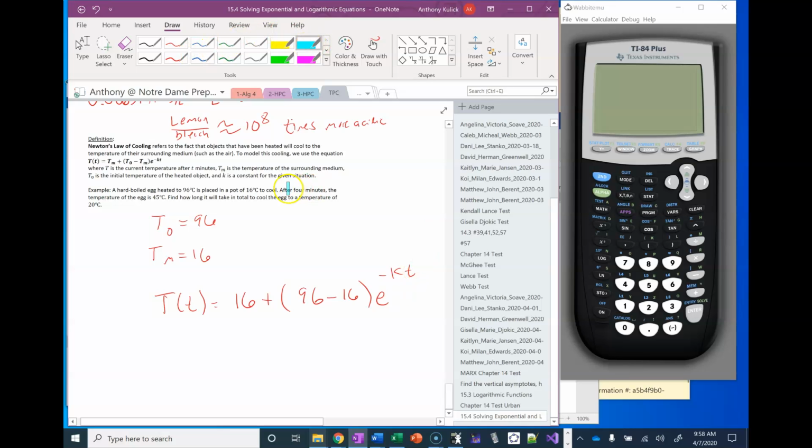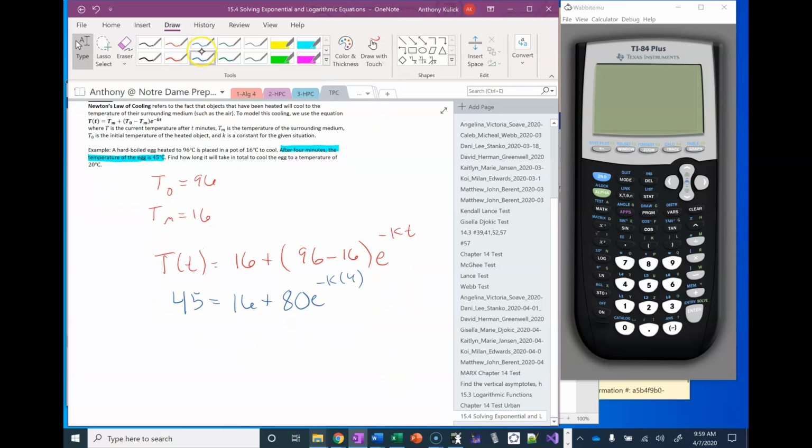However, you'll notice it says after 4 minutes, the temperature of the egg is 45 degrees. What that tells us then is the temperature T of t is 45. And we'll just make 96 minus 16 is 80 after 4 minutes. So we can now solve this equation for K.